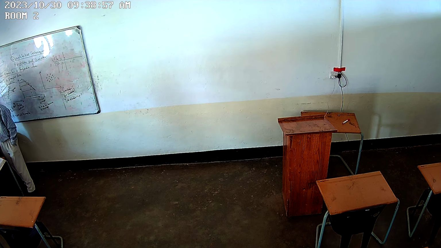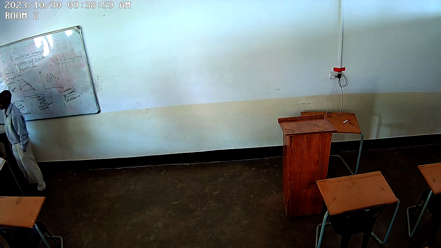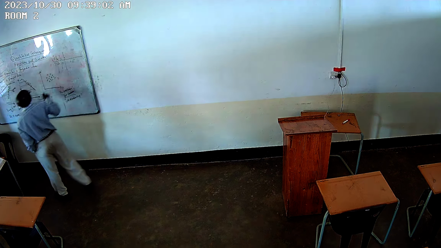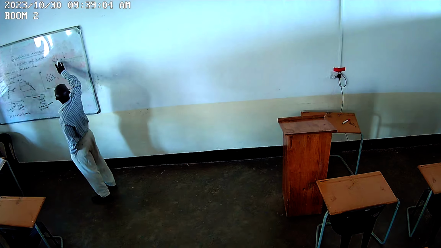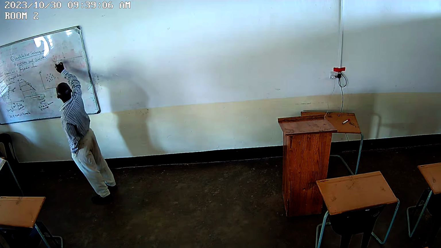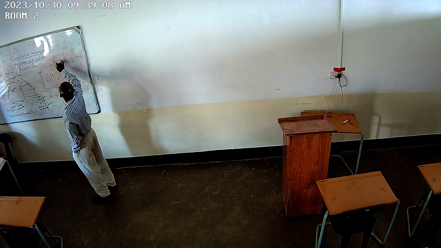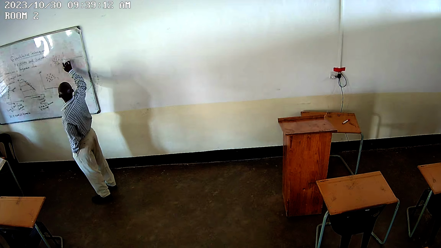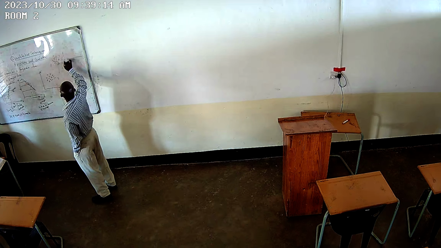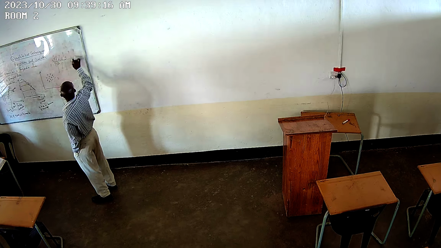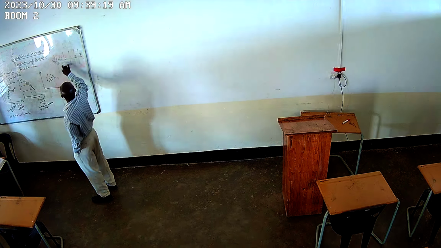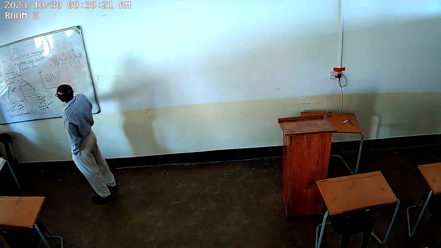For you to draw the line of best fit, assuming this is x minus 2, minus 1, 0, 1, 2, 3, and then you have a number here.